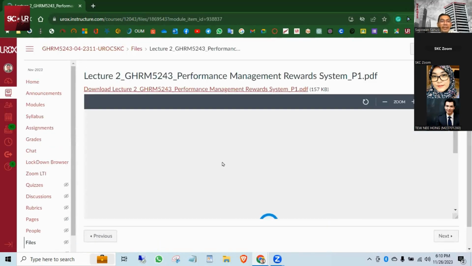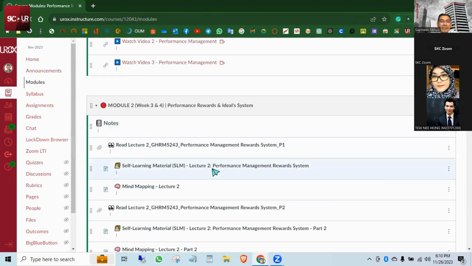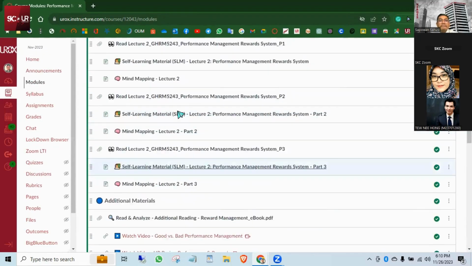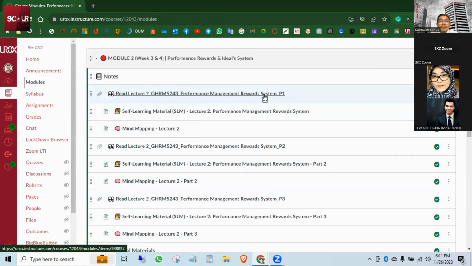Before that, I want to discuss this first. For reward strategy, we have 3 notes. The important ones are note number 1 and note number 2, part 1 and part 2. Part 3 is the additional supplementary notes. Only part 1 and part 2 will be covered.